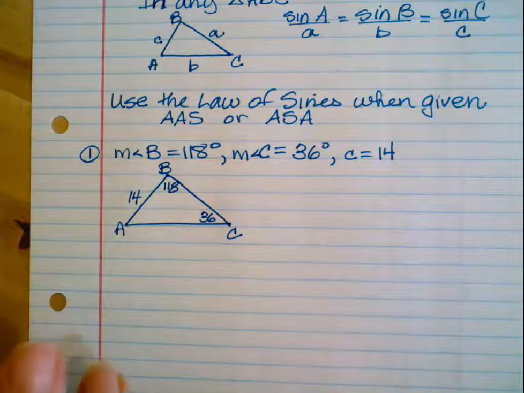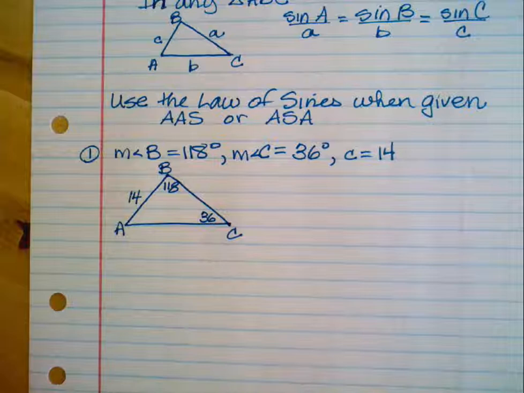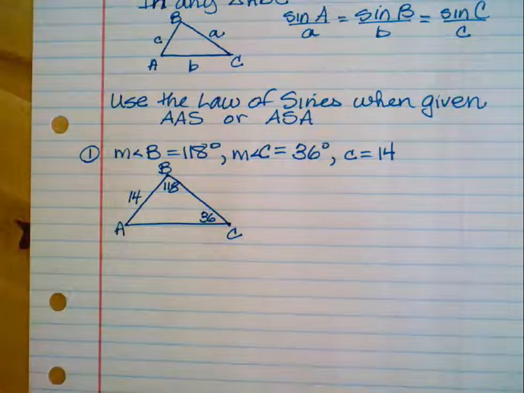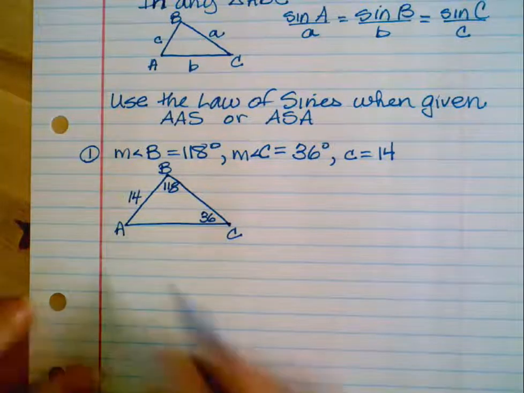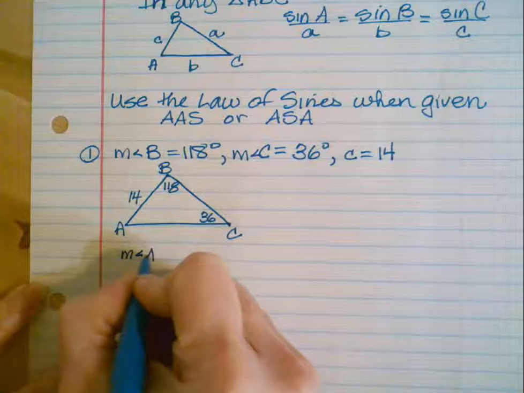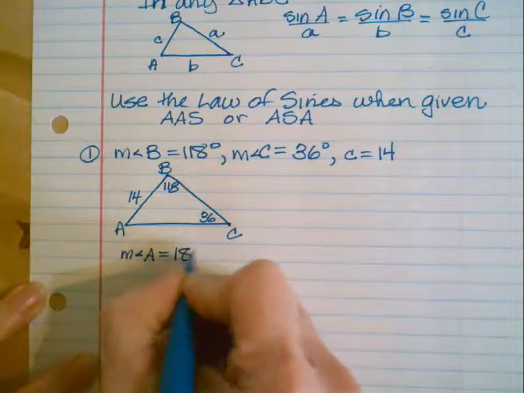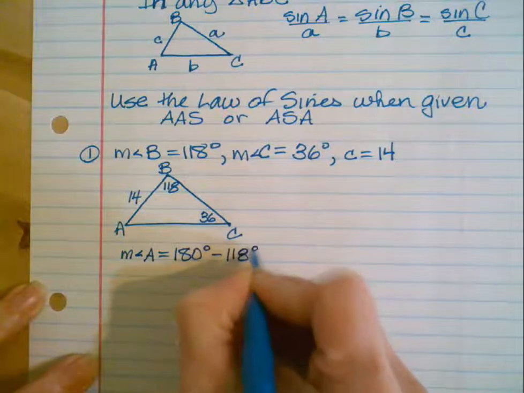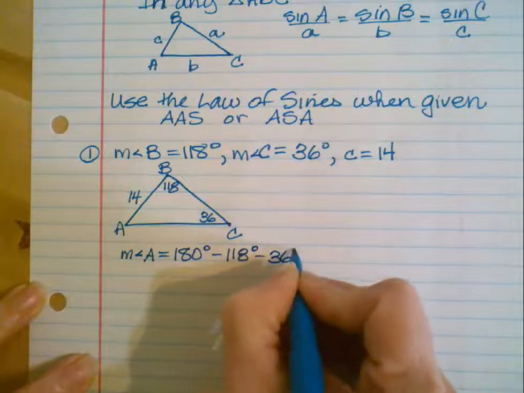So in this case, the first thing you notice is that we have two of the three angles given, and then we know that in any triangle, the sum of the measures of the interior angles has to be 180 degrees. So in this case, that's what we're going to start with. The measure of angle A must be 180 degrees minus 118 minus 36.